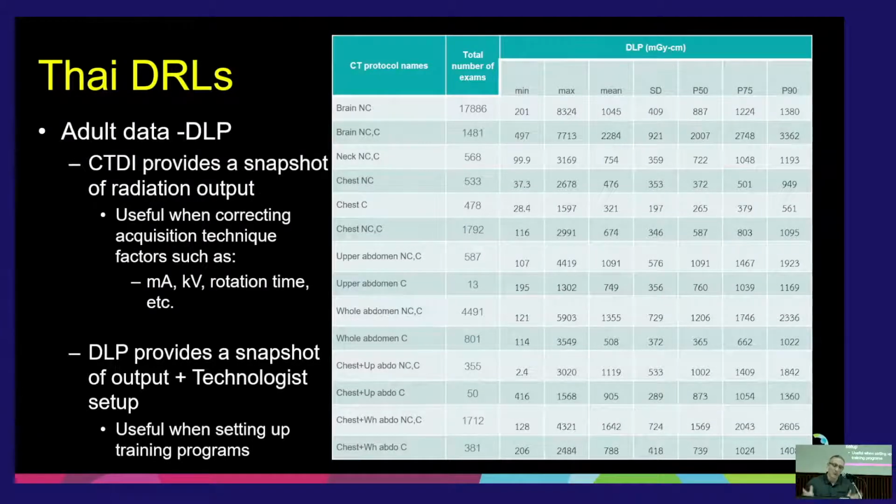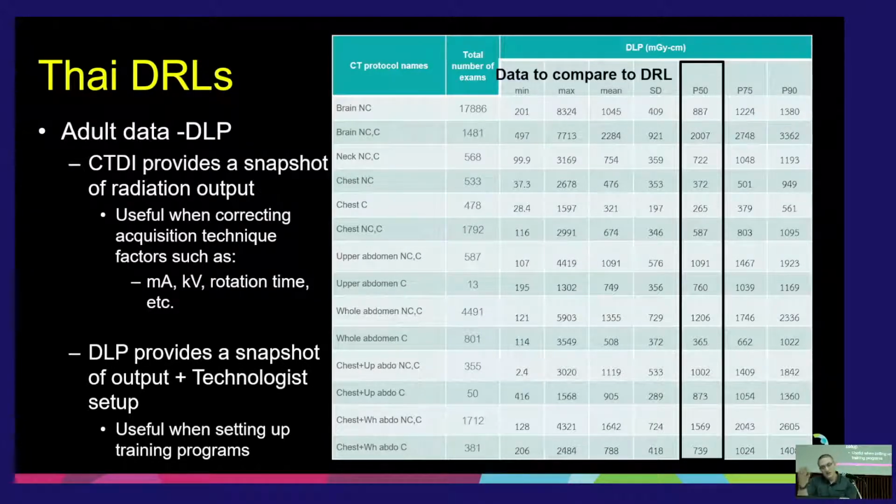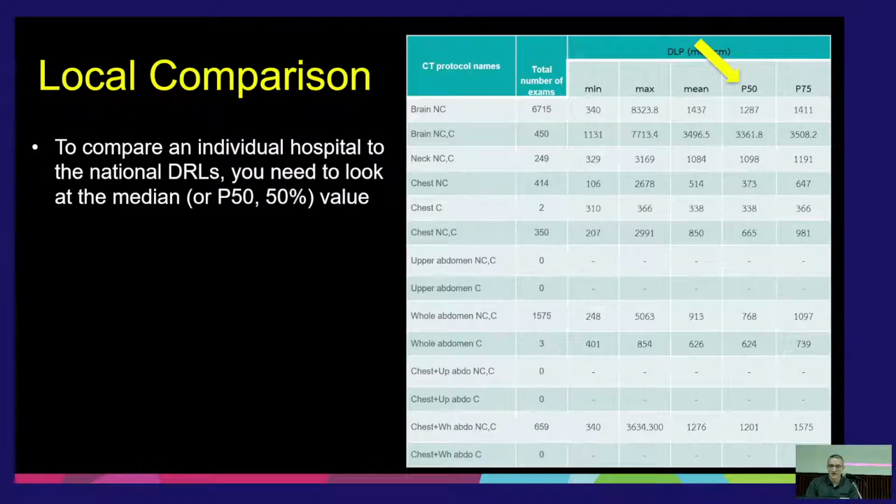My point here is we should be looking at both the CTDI volume and the DLP, because it gives us an opportunity to look at the usage of the machine. Once again, we have the opportunity to look at the P50 or the median values, and we can compare that to national DRLs.